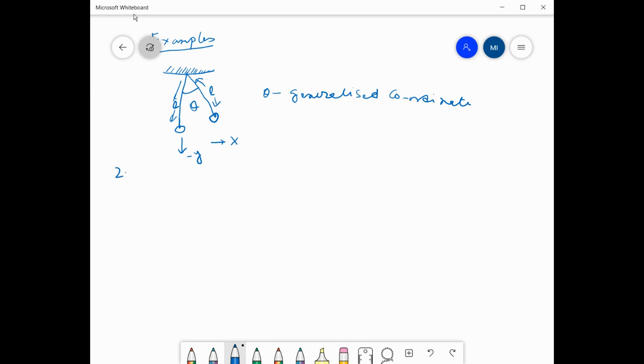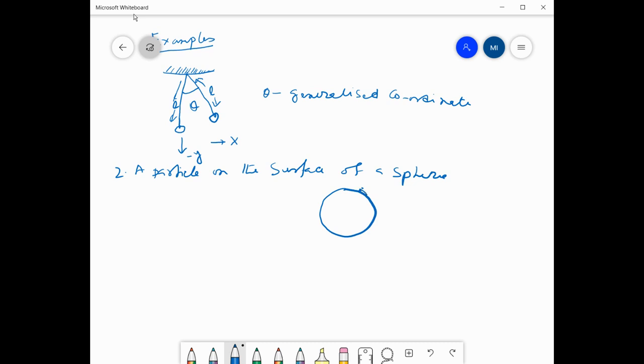Second example: a particle moving on the surface of a sphere. Suppose this is the sphere, right? There is a particle.